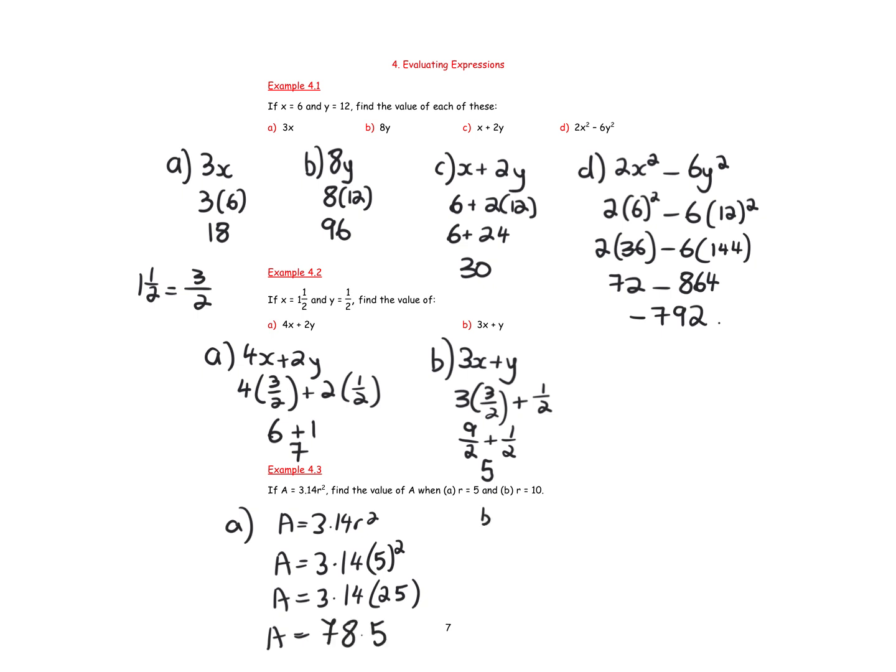Similarly for B, we just have r is equal to 10. So this becomes 3.14 r squared, where we replace the r with 10. 10 squared gives us 100. Therefore, the area will be 314.